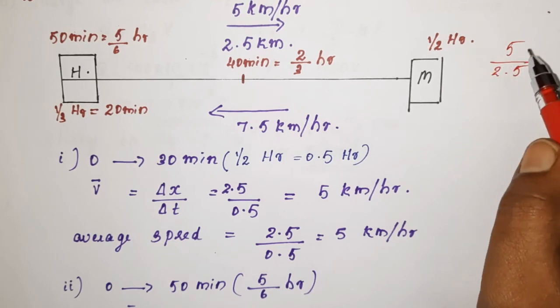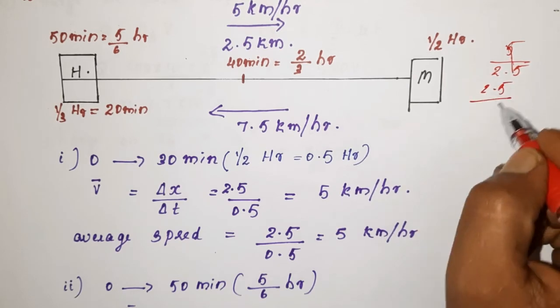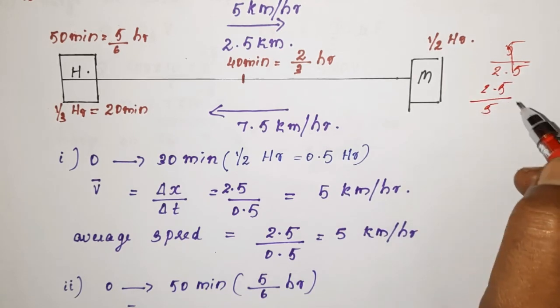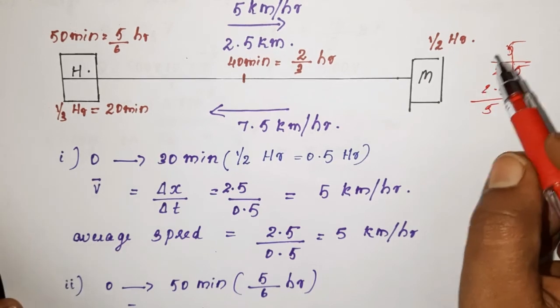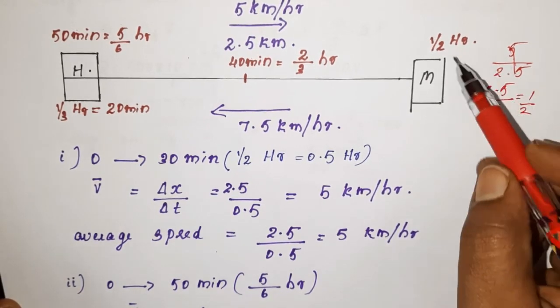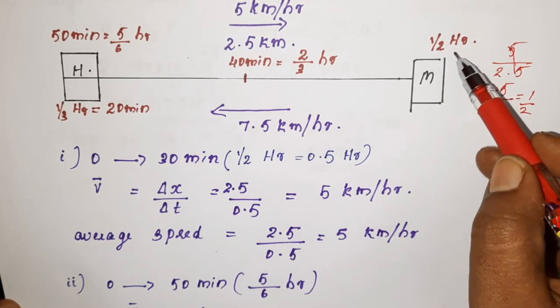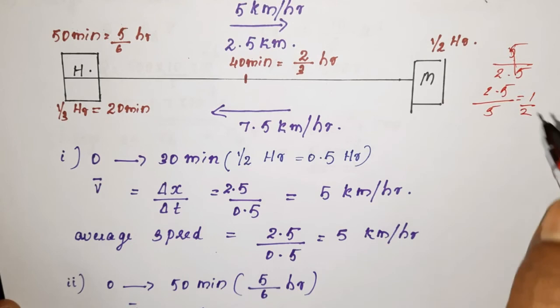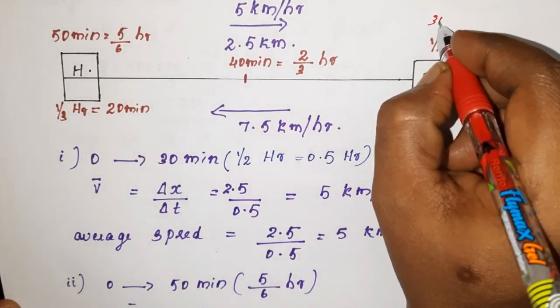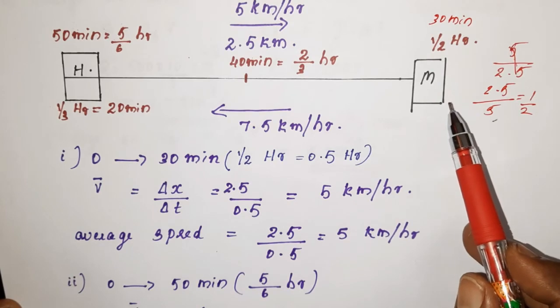So the total distance, 2.5 divided by 5, will give you the time taken to reach the market. So you will get half. That means he takes half an hour to reach the market. So at the end of half an hour, or 30 minutes, he is in the market.